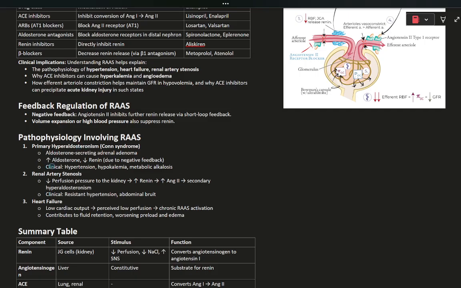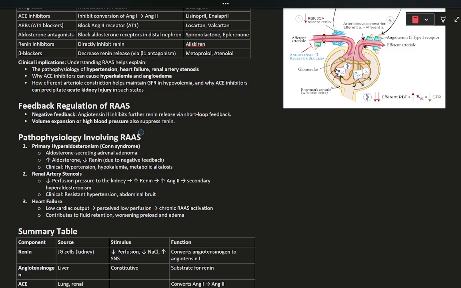So, increased aldosterone, what do you think is going to happen? Well, there's going to be decreased renin secretion due to that negative feedback, and the clinical presentation will lead to hypertension because of that increased sodium reabsorption, hypokalemia because of that increased potassium secretion, and metabolic alkalosis because of that increased hydrogen ion, or H+, secretion.